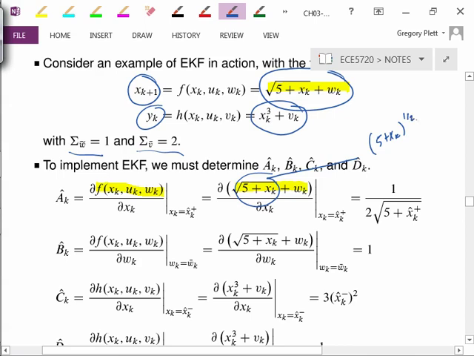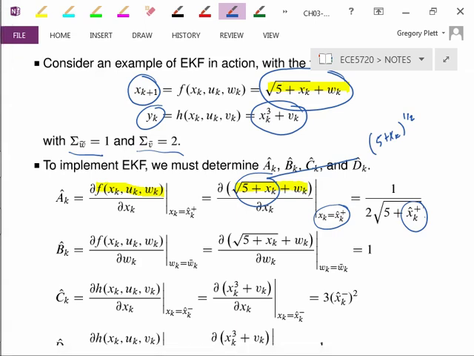So I end up with 1/2 times 5 plus xk to the minus 1/2 in our answer. But we would have an x, which we have to replace with x hat, which we get in this result.